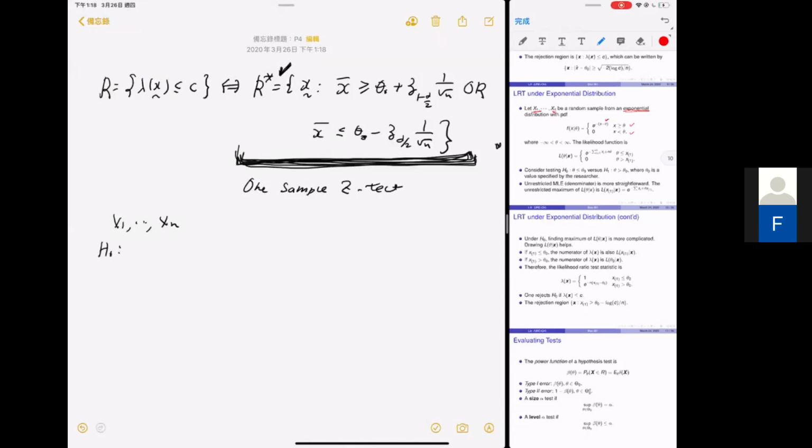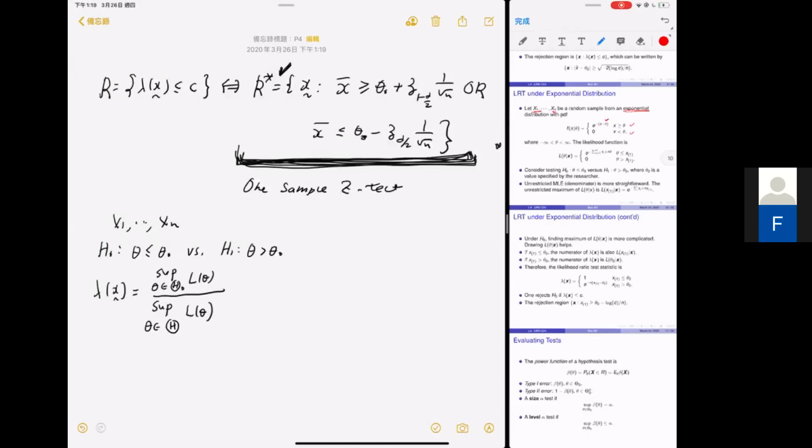You are dealing with null hypothesis θ = θ0 versus alternative θ bigger than θ0 right here. Then what is the LRT? Every time people want to derive the LRT, you write down the definition. You get points, trust me. Write down the definition.